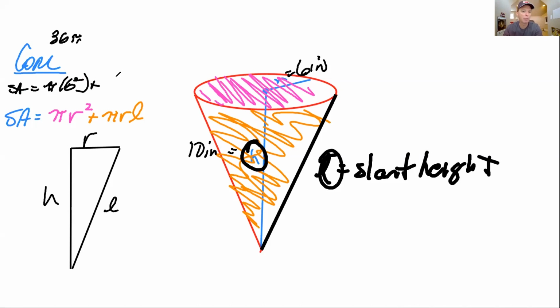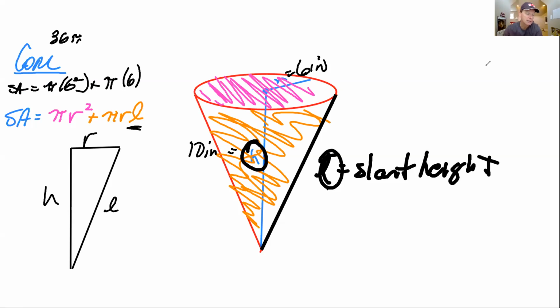Plus, now we got to be careful here. Pi is a number, the radius is 6, and this L, that's the thing we have to solve for. But it's not impossible. You're in May of your year of geometry. You can do this.